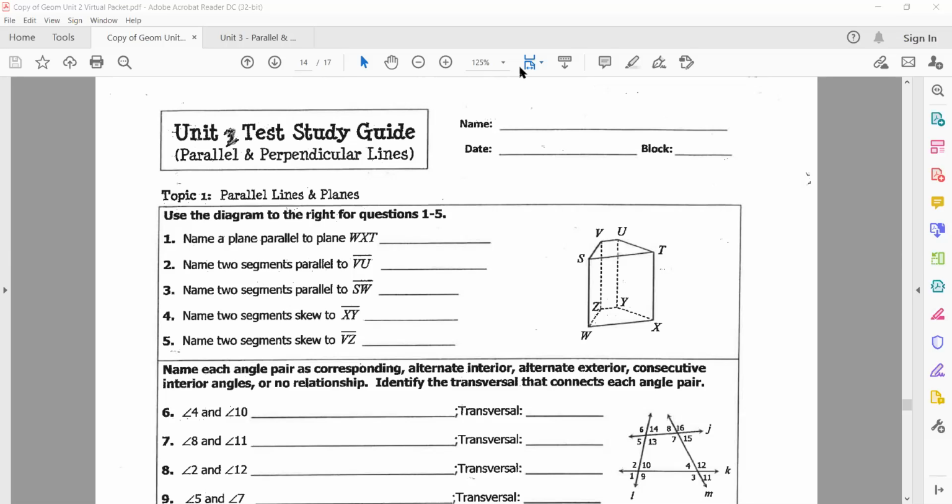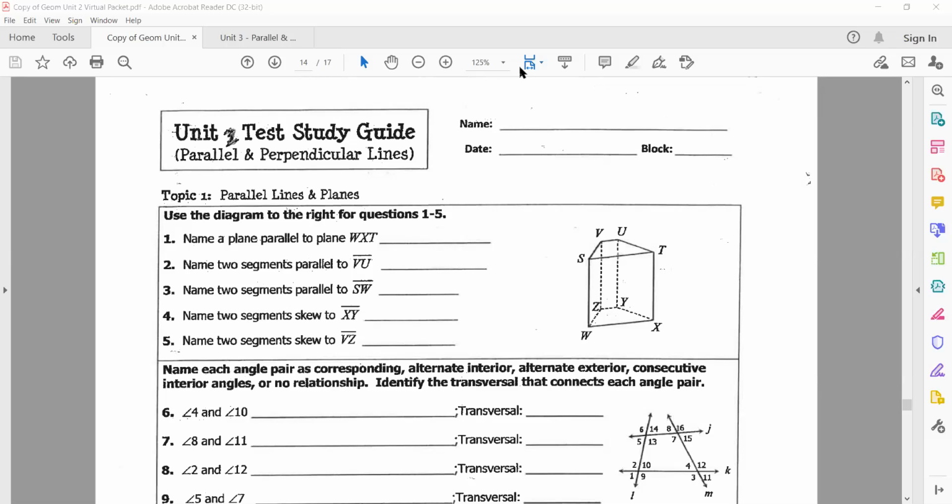Skew, how about a segment that's skewed to segment XY? VS. Good, that's a good one. No, not UT.